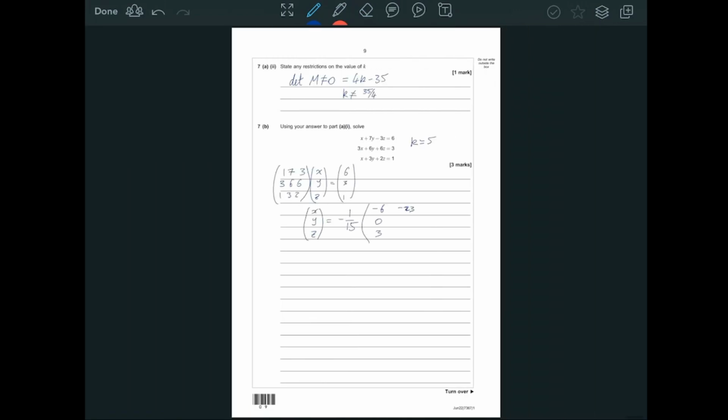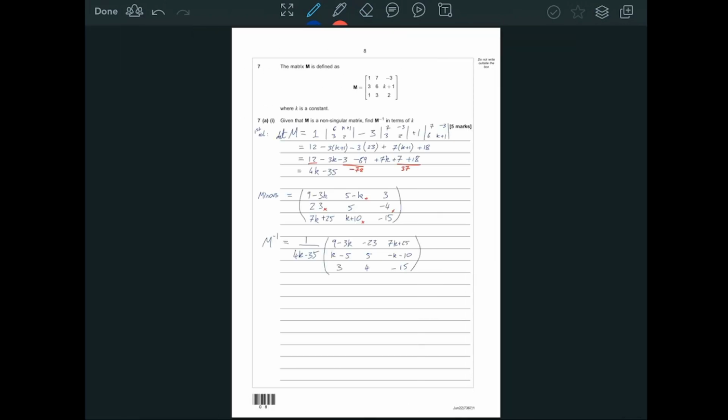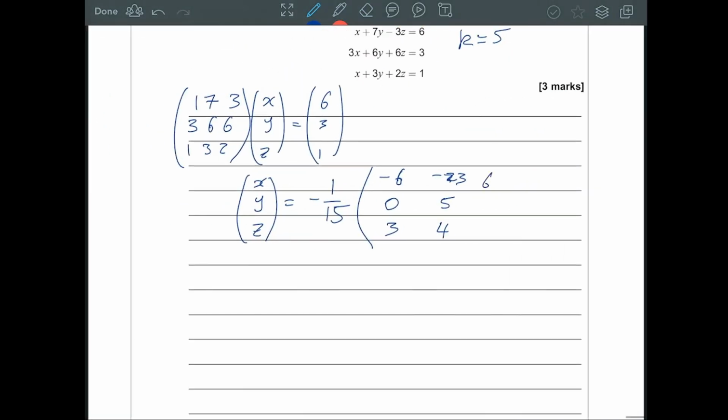And subbing 5 into the final column is going to be 7 times 5 plus 25, which is 60, minus 15, minus 15. 60, minus 15, minus 15, times 6, 3, 1.